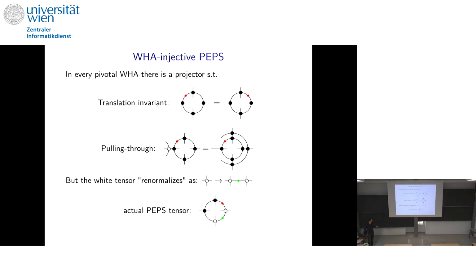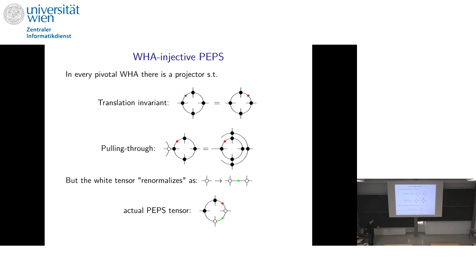So the actual PEPS tensor will be an MPO using four different tensors: the original MPO tensor, this inverse tensor, and this boundary condition of the MPO that defines this translation invariant projector. This red dot you can put anywhere around this ring.